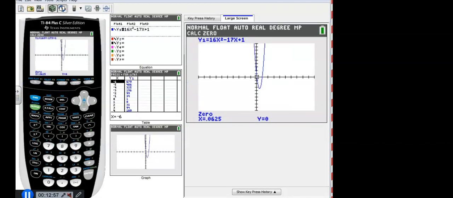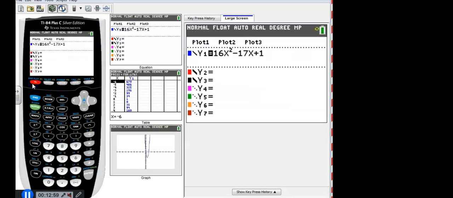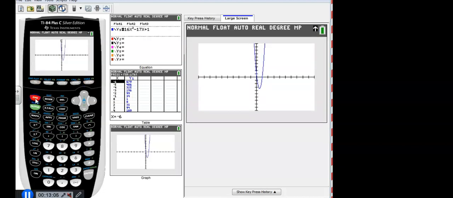I've already graphed my function, and I typed in my y equals 16x squared minus 17x plus 1. When I graphed it, I went to second trace and number 2, 0. I went left bound and right bound and hit enter.